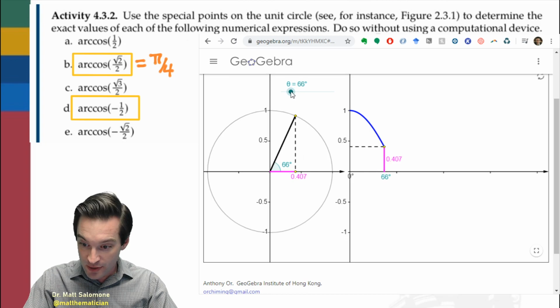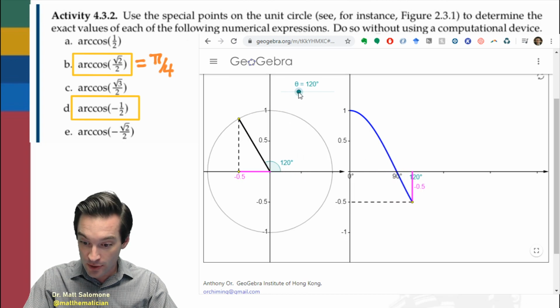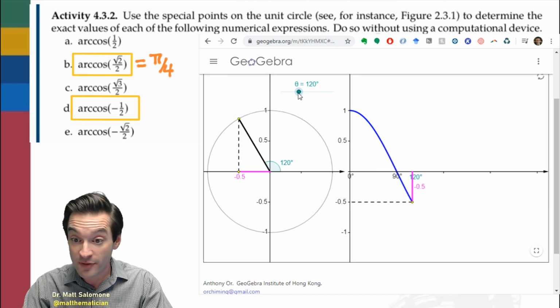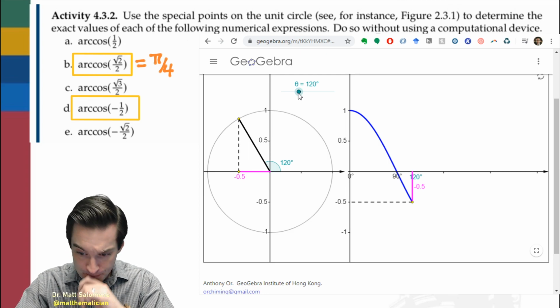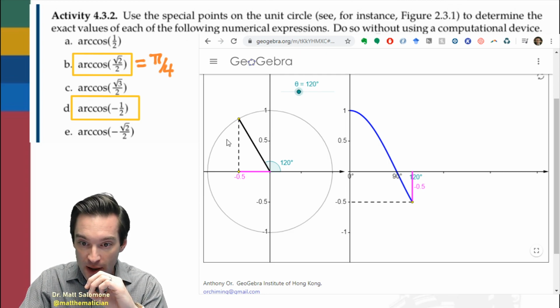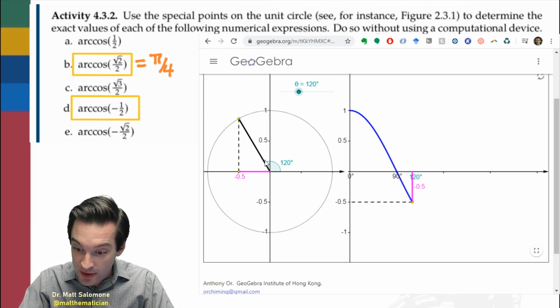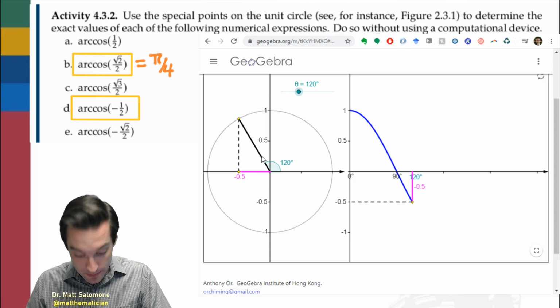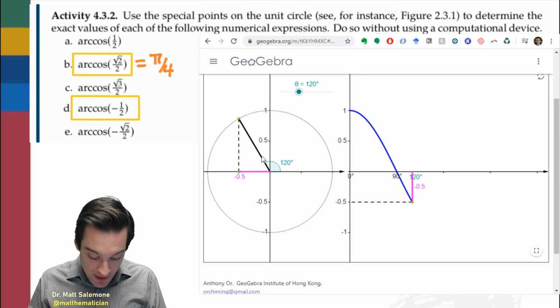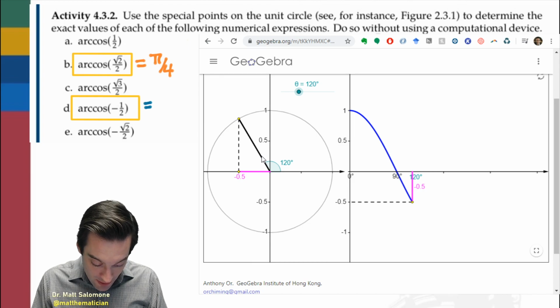So I just need to find a way of moving my angle around the unit circle until my horizontal coordinate is negative 0.5. And here it is, right? And at least according to the applet that I'm using here in GeoGebra, that angle is a 120 degree angle. And so the arc cosine of negative 1/2, an angle whose cosine is equal to negative 1/2, is 120 degrees.